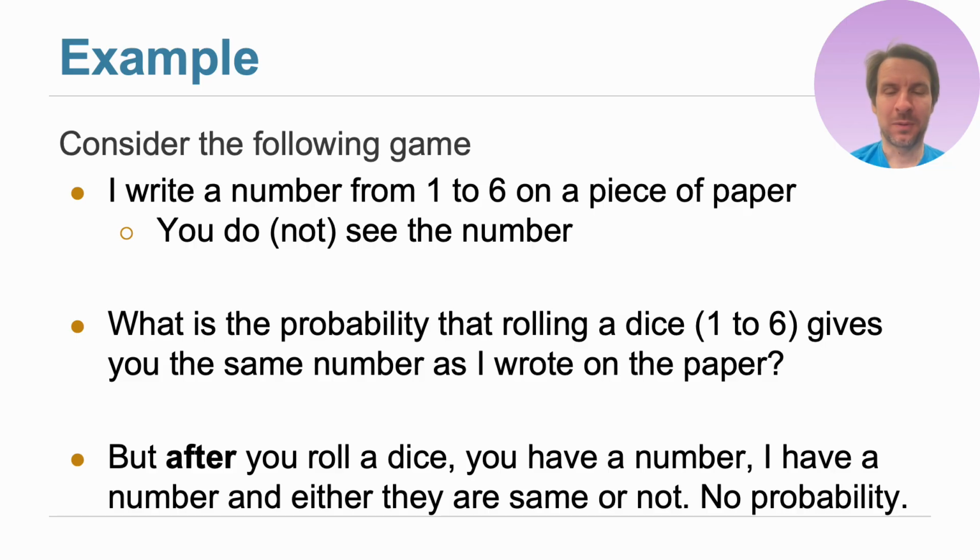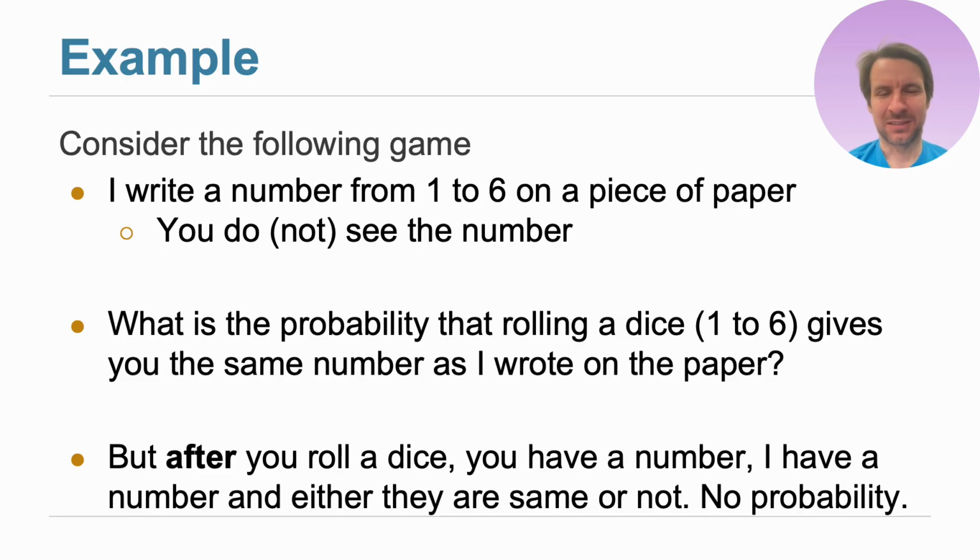The way you obtained your number, you had a chance of 1/6 that you get the same number as me. But the moment you write it down, the moment you finish the experiment, after you roll the die, either you got it or not. No more chance. Maybe you just don't know if you have the same number as me or not.